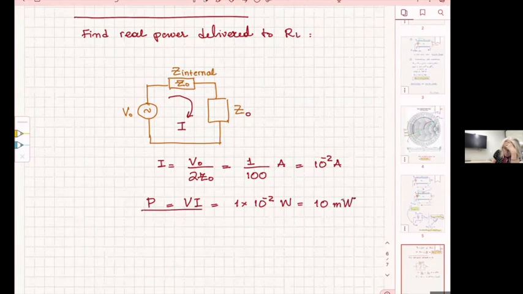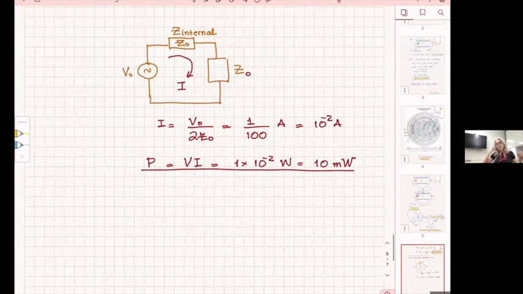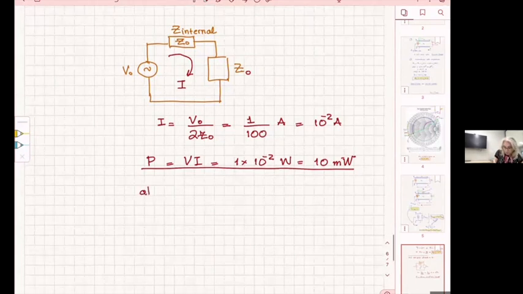That's how much this source is going to give. And this 10 milliwatts is going to go all to R sub L. And that's the power that is going to be absorbed by our load.